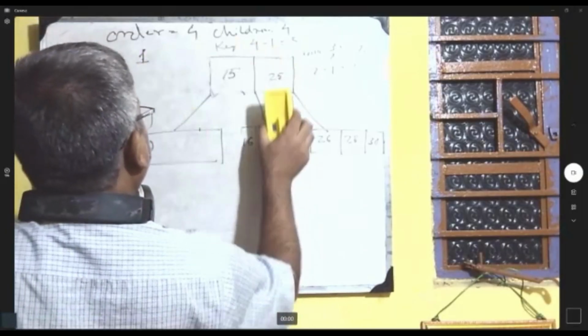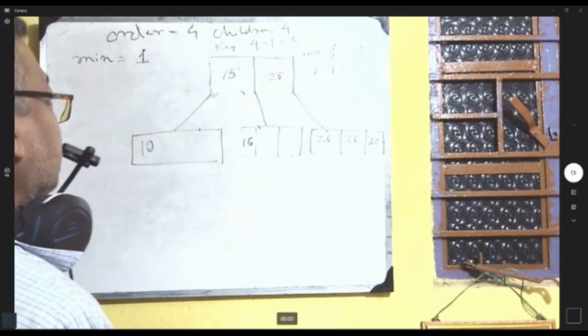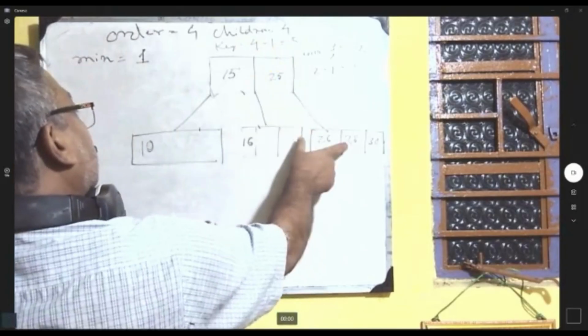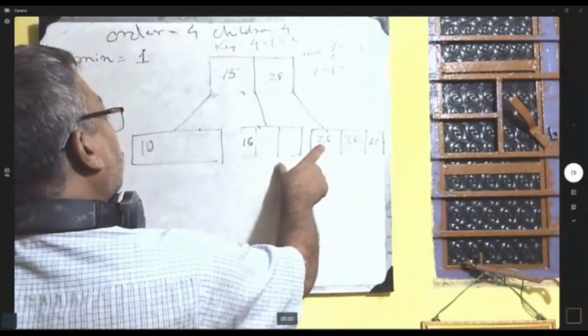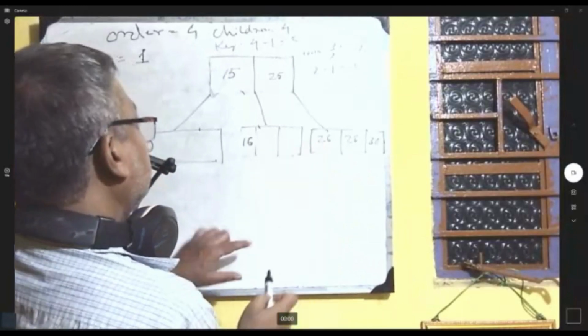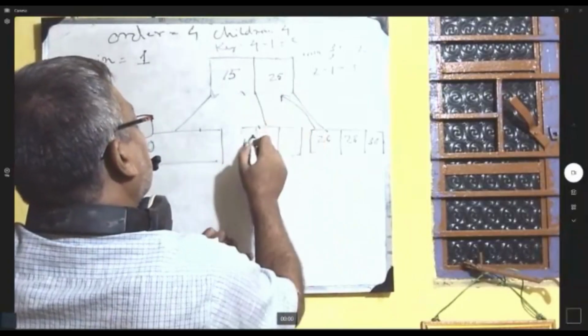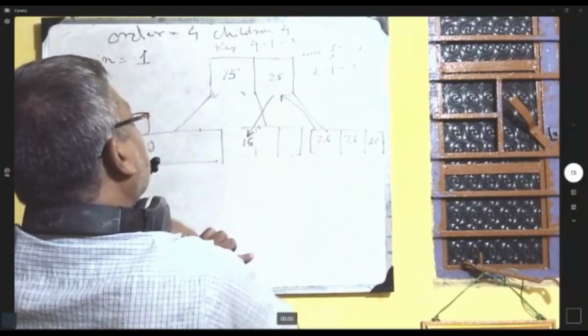So it will send the request to the parent node for arranging one key. And this arrangement is only possible from the right node of the 25, and the right immediate node is 26. So 26 will take the place of the 25, and 25 will take the place of the 16, and then 16 will be deleted.